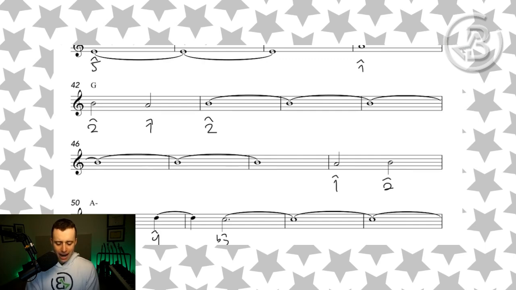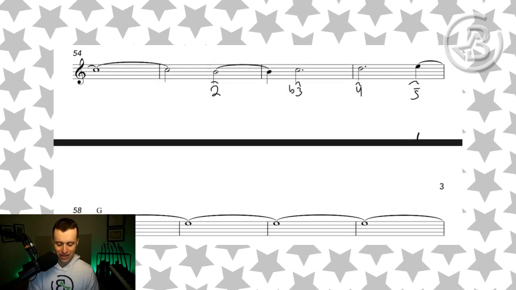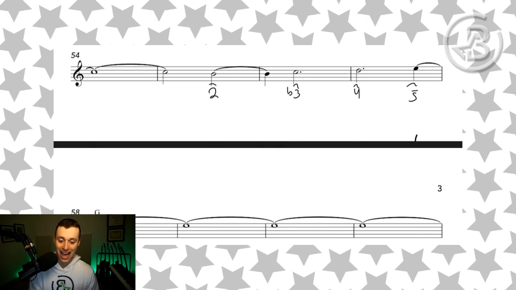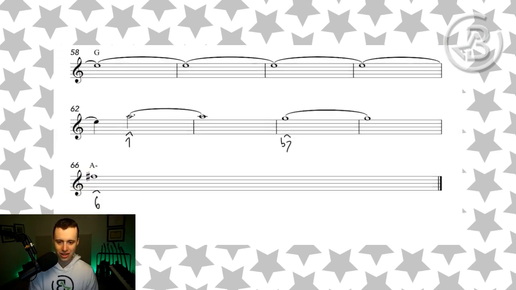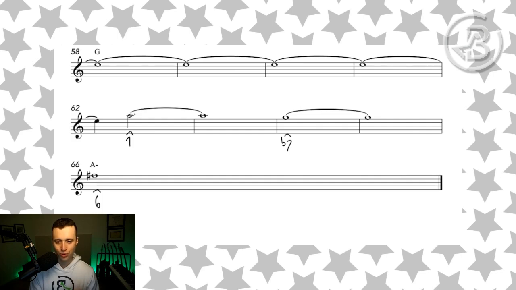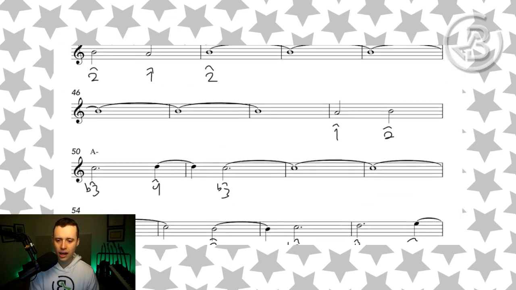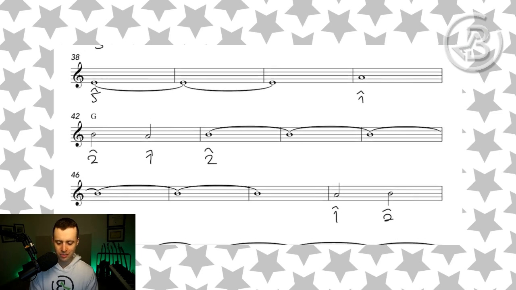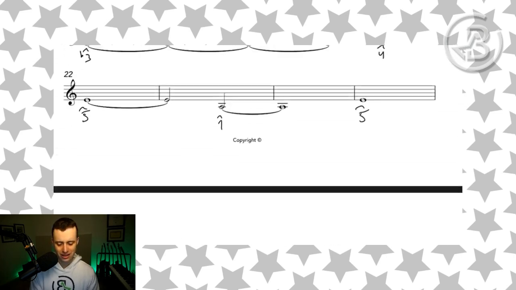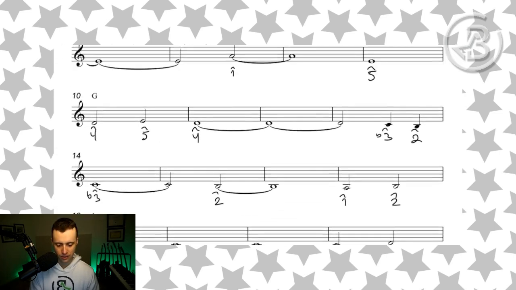So let's compare this to the last minor key boss fight we did, just in terms of scale degrees, and that was the Halo theme. Interesting that both the Halo theme and this solo also have a raised scale degree 6. In the Halo theme, that was a raised scale degree 6 in E natural minor, an E minor key, and here's this scale degree 6 raised in an A minor key.